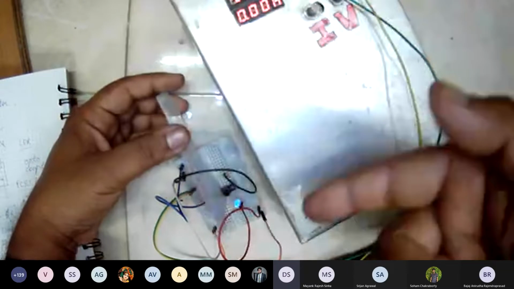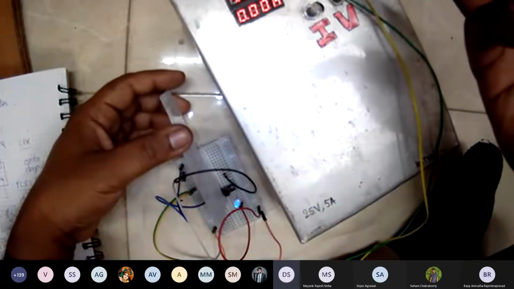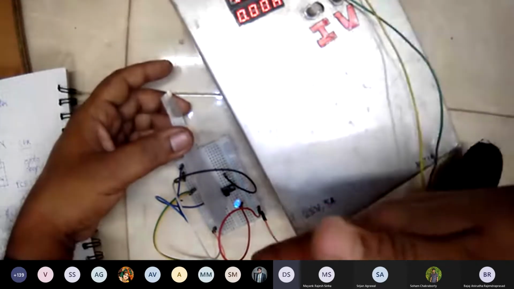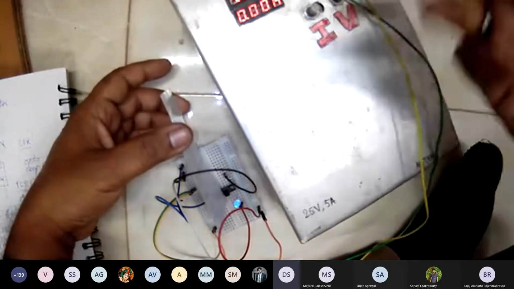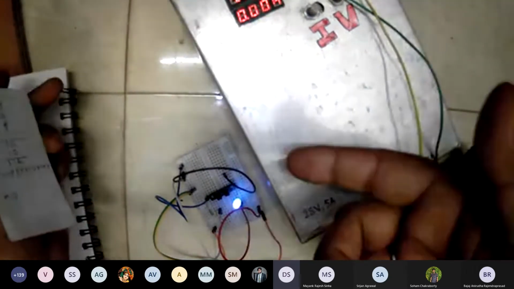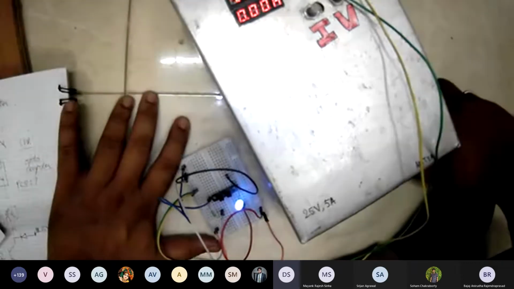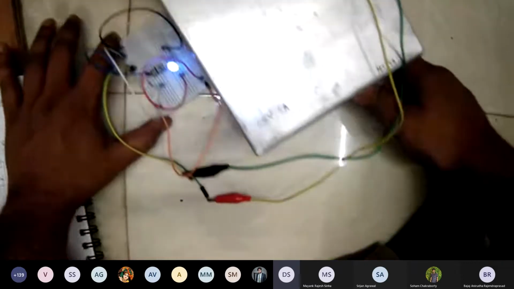So don't worry about it being lit very dimly. Even if it is lit dimly, when it is dimmed, you should be able to treat it as a low voltage level, and when it is lit bright, you should be able to treat it as a high voltage level. So now let me show it to you on an oscilloscope.